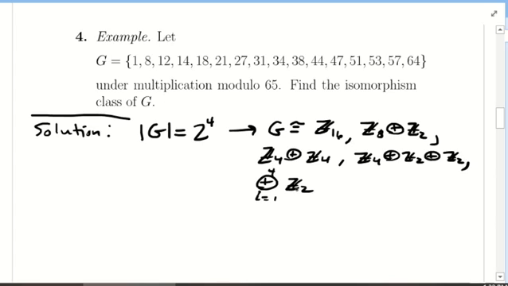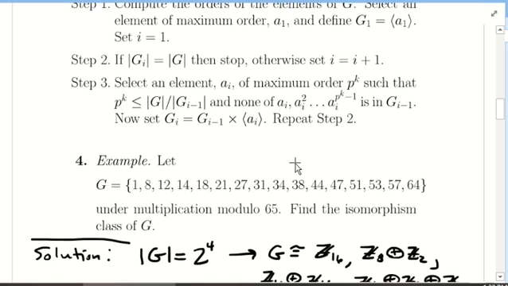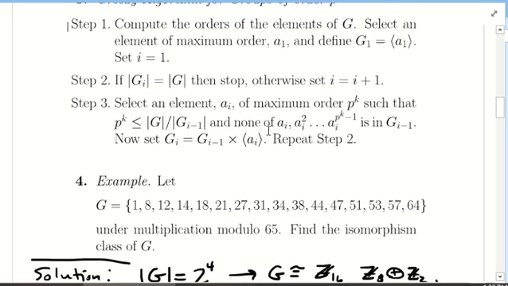The first one and the last one would be the easiest to decide. If all group elements have order 2, then this last one is the answer. If there's at least one that has order 16, then we know the group is cyclic.